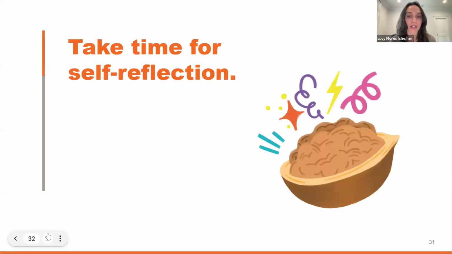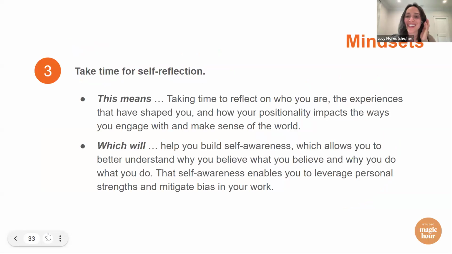Community members really rely on our programs for nourishment, which means we sometimes move so quickly that we don't prioritize self-reflection. But I really believe that this mindset is about prioritizing self-reflection among the other priorities we have, rather than seeing it as a nice to have or an add-on, because it encourages us to take some time to reflect on assumptions that we may have in our work. And we can move on to the next slide to talk about what that means.